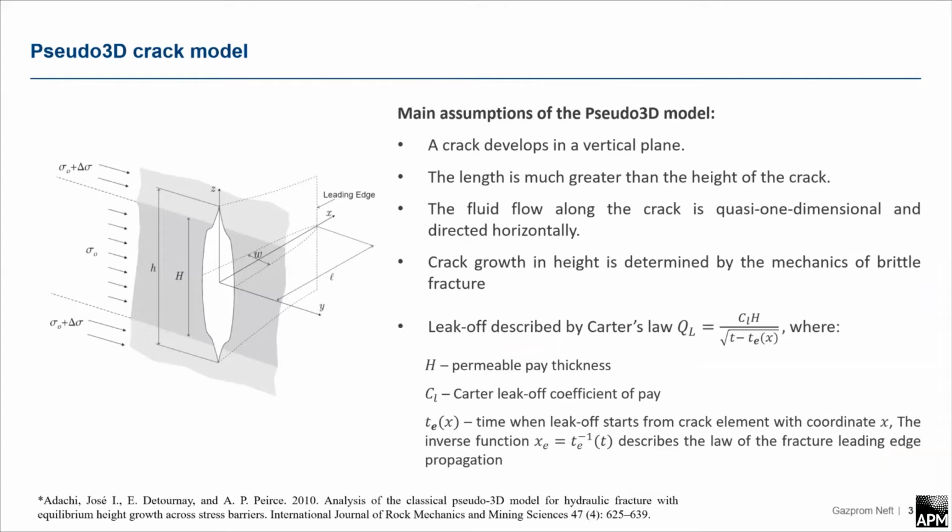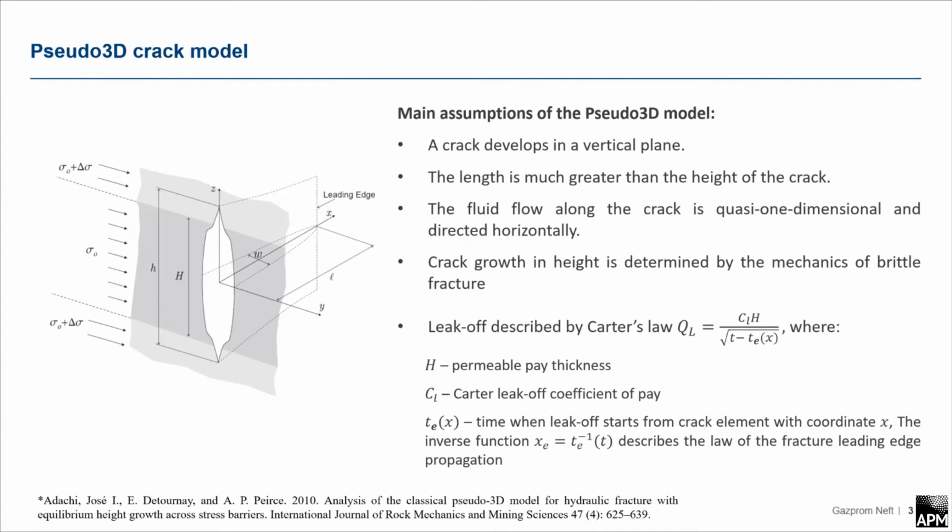So the fluid flow along the crack is assumed to be quasi-one-dimensional and directed horizontally. And the crack growth in height is determined by the mechanics of brittle fracture, and fracture growth in the horizontal direction is determined by fluid flow.